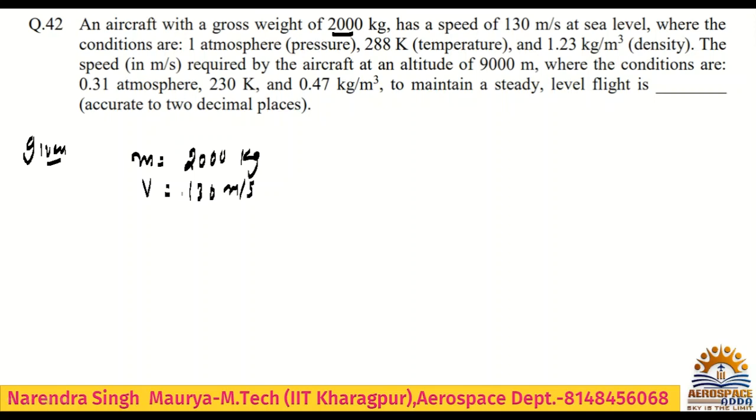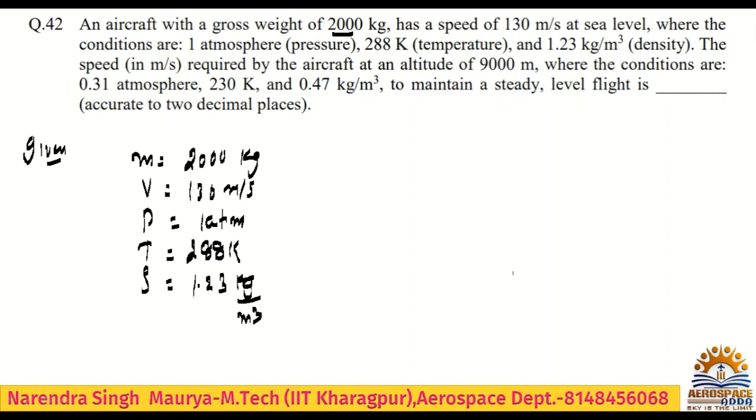Okay, pressure it is given 1 atm, temperature it is given 288 Kelvin, and density it is given 1.23 kg per meter cube. The speed in meter per second required for the aircraft and at an altitude.